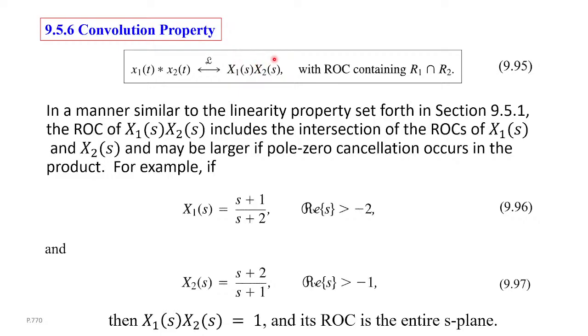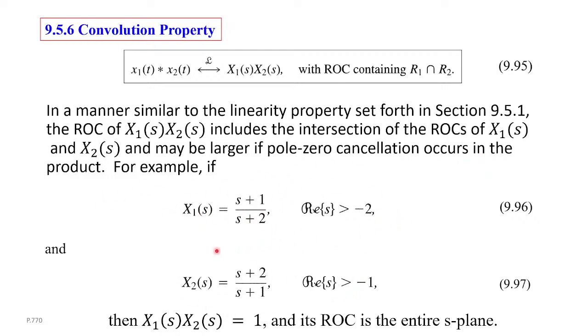And once again, the ROC is the union of the two ROCs, but it might get extended, so we have the word containing here. And it's containing because you might cancel the singularity by being very lucky.